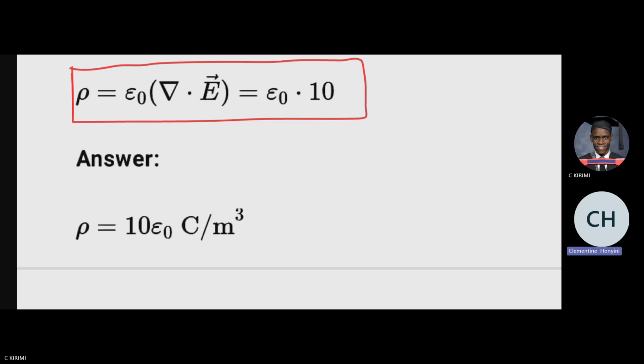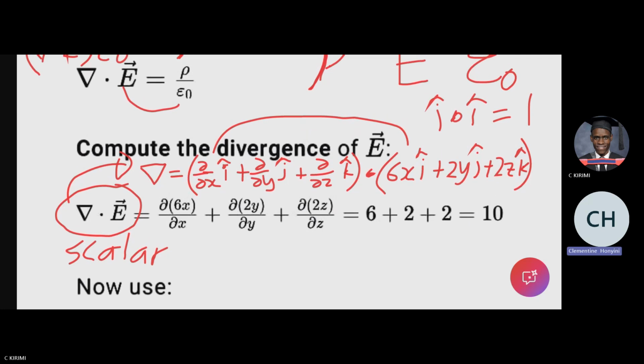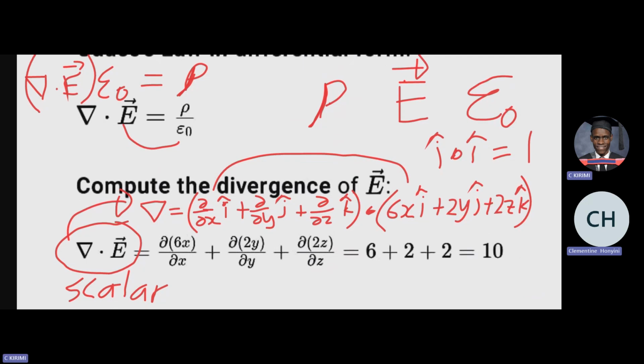Maybe if we go up, when we were doing the dot product, you said to multiply the partial over partial x by the 6x. Yes, 6x, multiplied by i times i. You are multiplying the first component by the first component, plus the second component times the second component, plus the third component times the third component. Always like that.